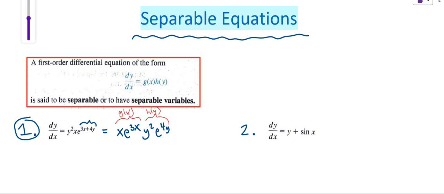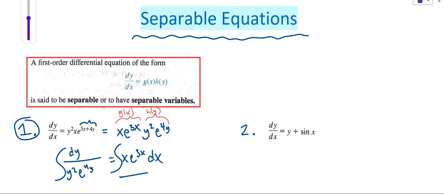So we get dy over y squared e to the 4y is equal to x e to the 3x dx, right? In this way, we can integrate both sides and solve, with the left side in the form of y and the right side in the form of x.